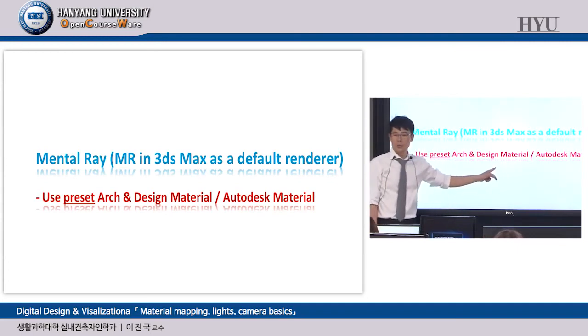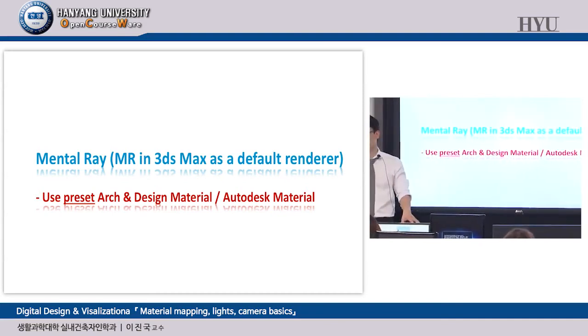What you need to do is assign stone, assign wood, cherry wood, oak wood, assign masonry. Masonry means bricks, okay? Assign plastic, high glossy plastic or matte plastic, yellow plastic, blue plastic, and so on.